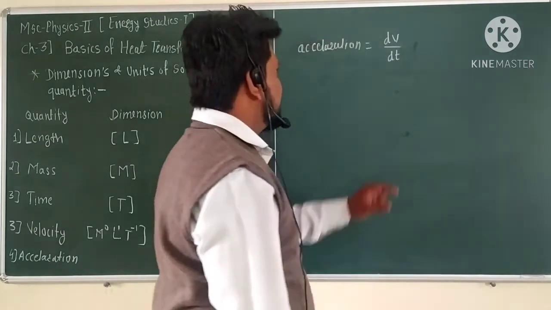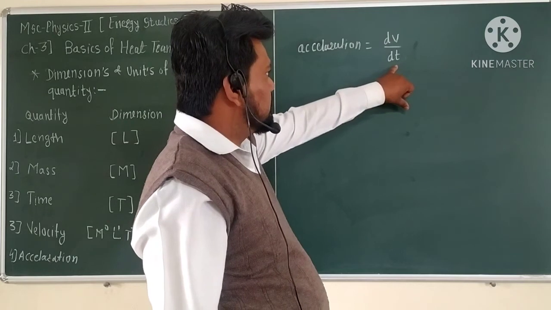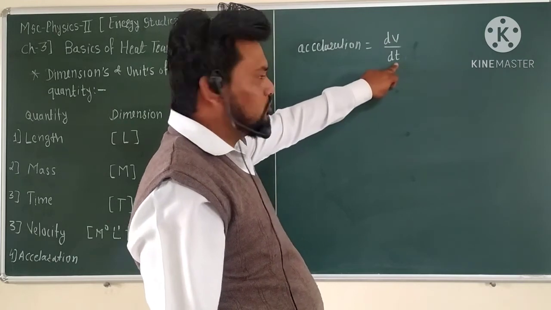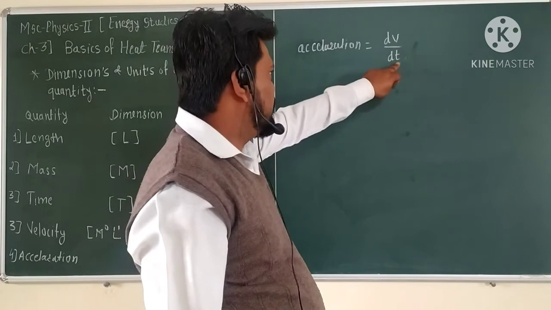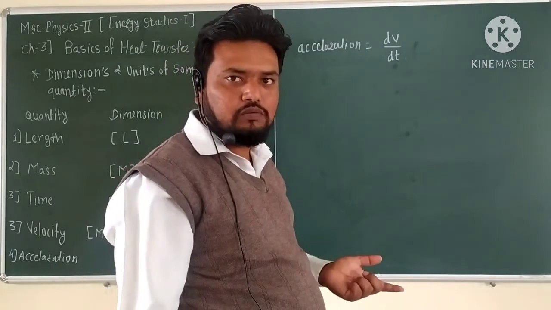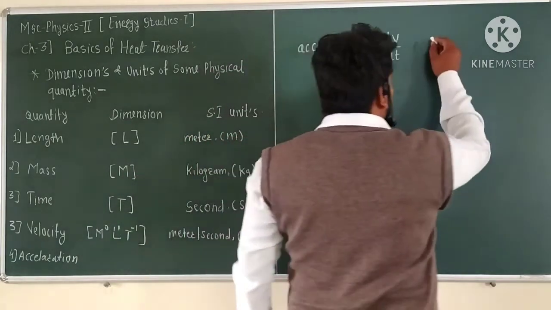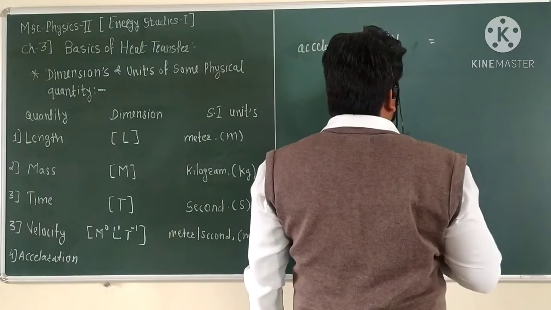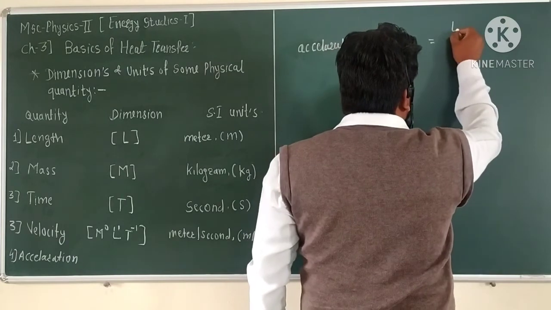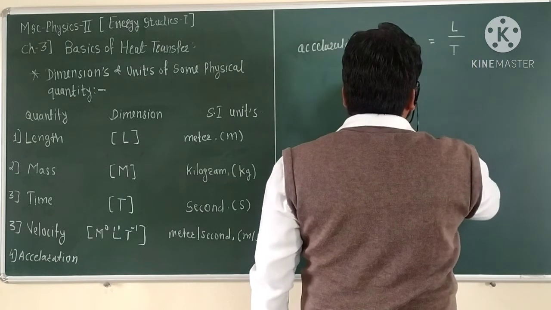So that is the time rate of change of velocity, and velocity is nothing but the rate of change of distance or displacement with respect to time. So that is considered in both ideas. So the dimension is L upon time twice.